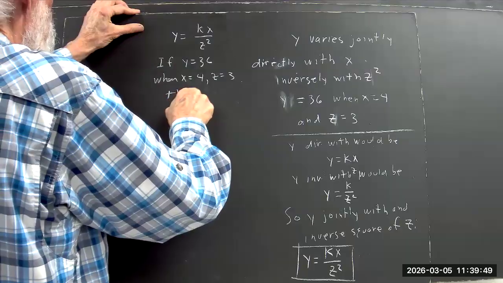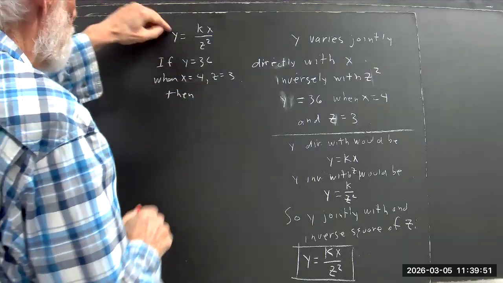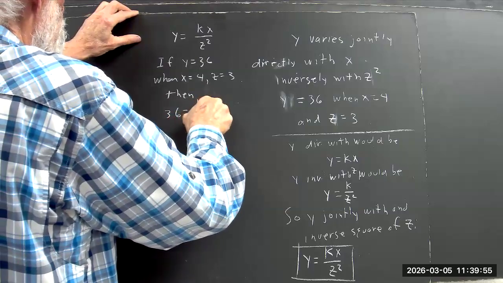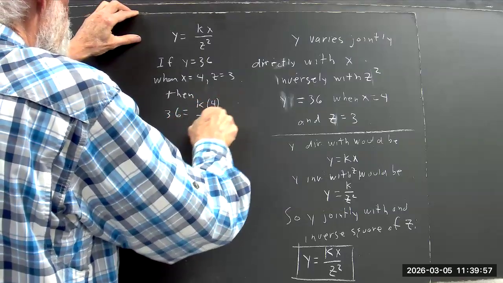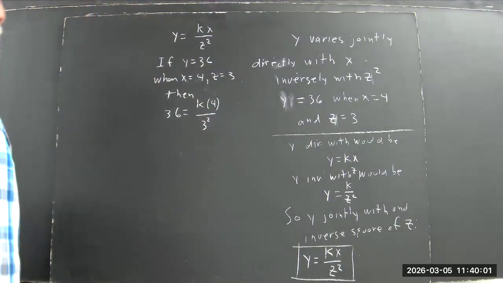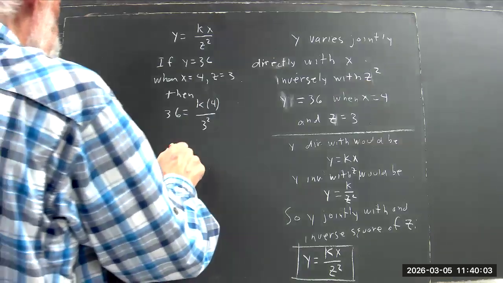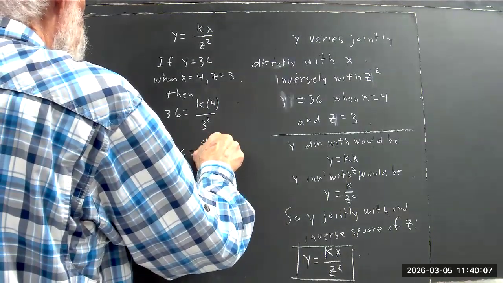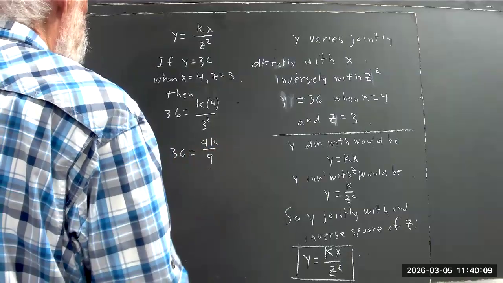Then we just plug these numbers in. We get 36 equals k times 4 over 3 squared. So you get 36 equals 4 times k over 9.